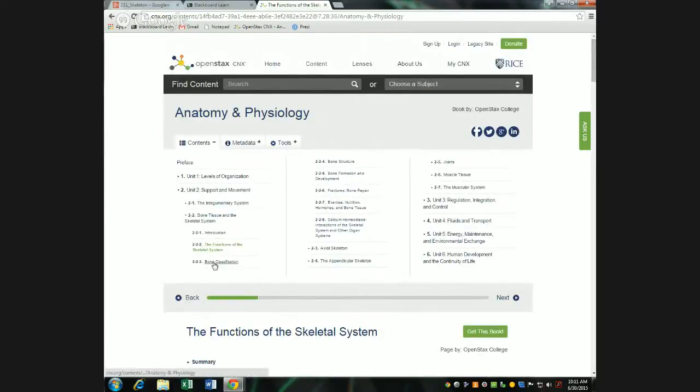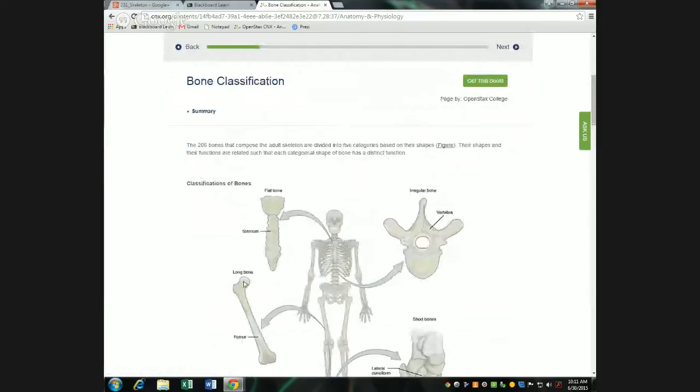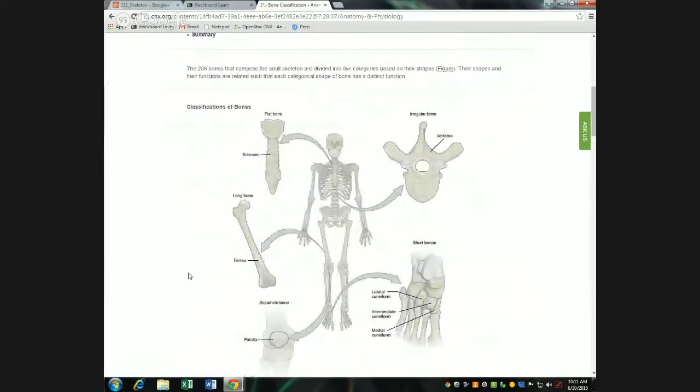Now, bone classification, I don't think is actually important, but it's useful to talk about so that you can understand sort of where we're going to be going with bones in a little bit. I'm not going to ask you necessarily to classify a bone as one type or another. I just want to explain what the classifications are referring to.